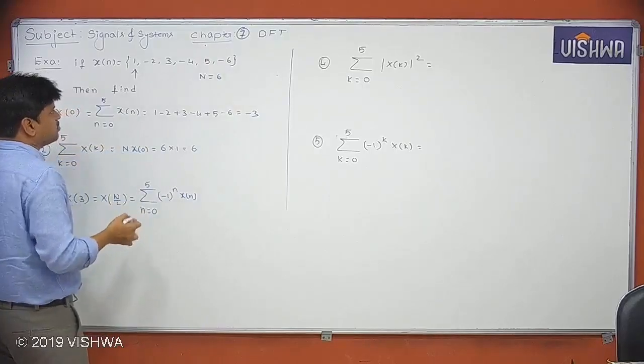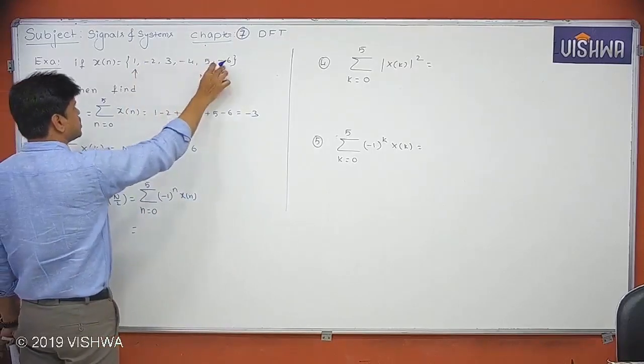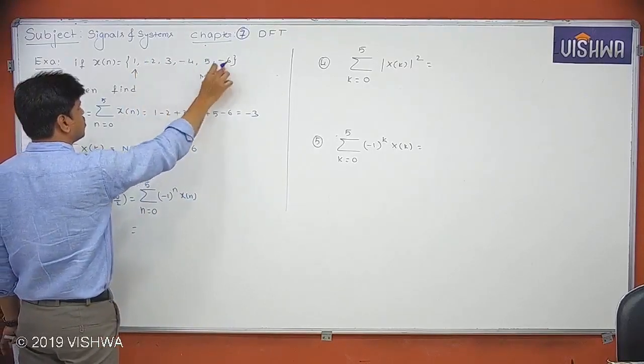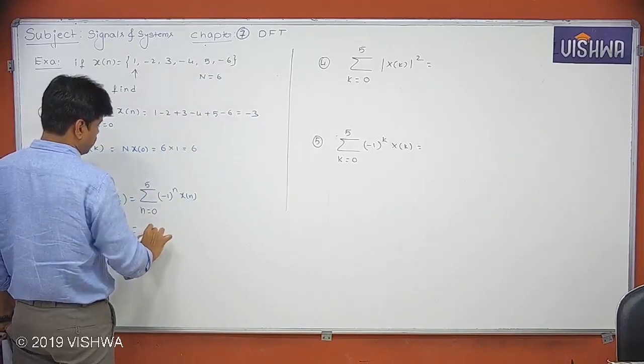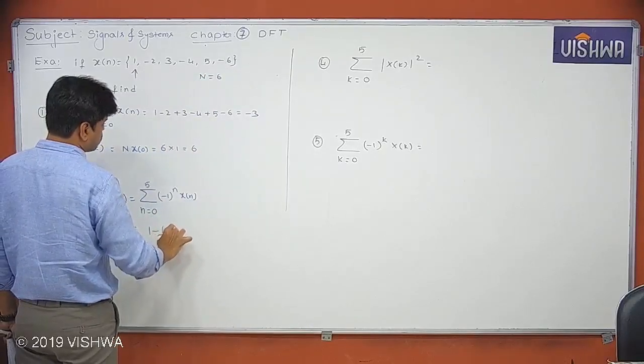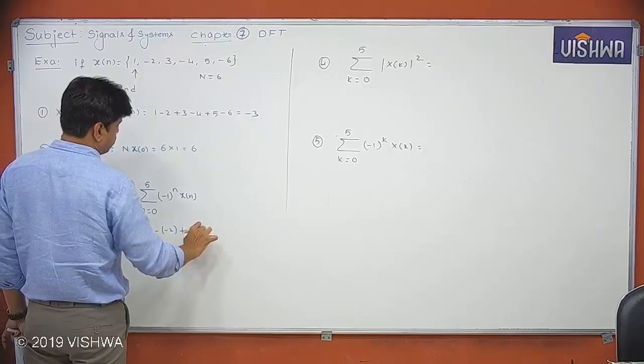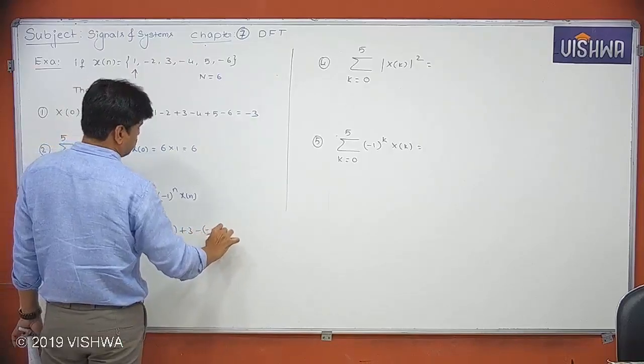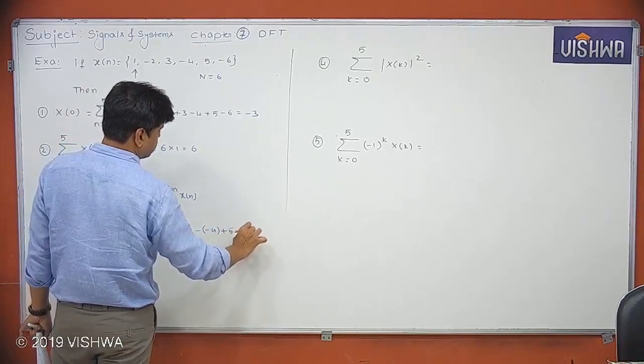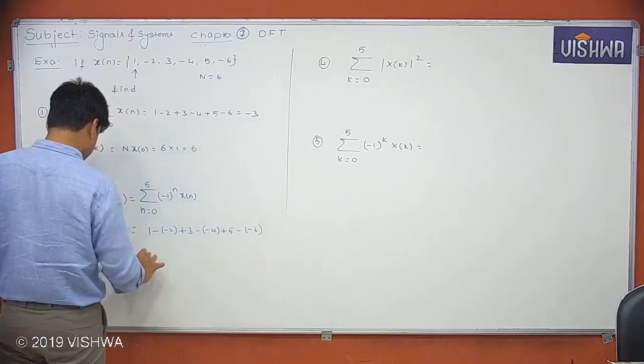So minus means we have to take minus here, minus here, minus here. Then it is going to be plus 2, plus 4, plus 6. So we have to add them: 1 minus of minus 2, plus 3 minus of minus 4, plus 5 minus of minus 6. How much are you going to get?